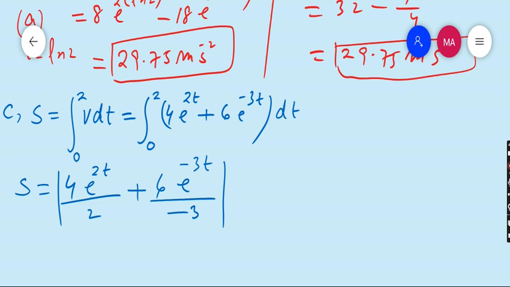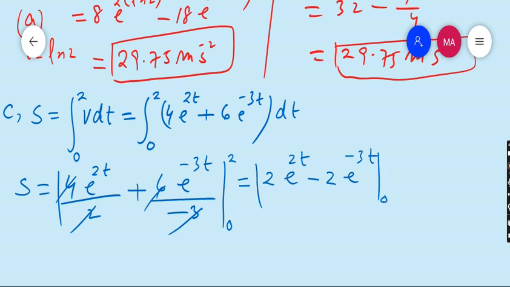Apply the limit from 0 to 2, which gives 2e^(2t) minus 2e^(-3t), from 0 to 2. Now use the scientific calculator to simplify it.